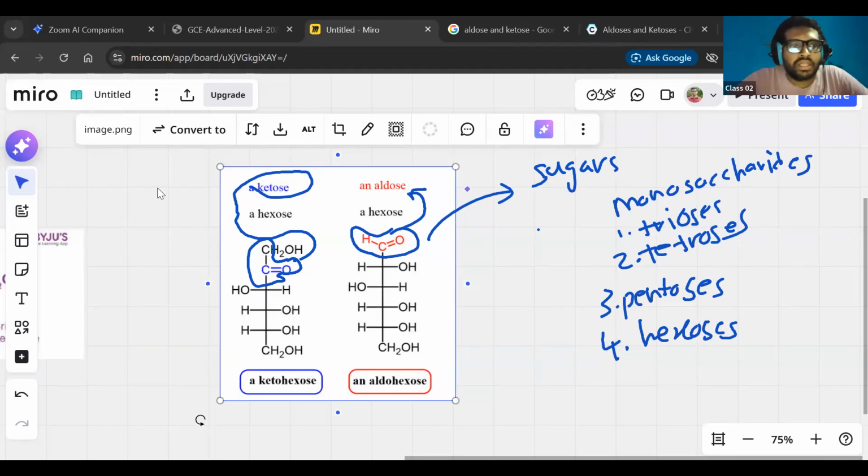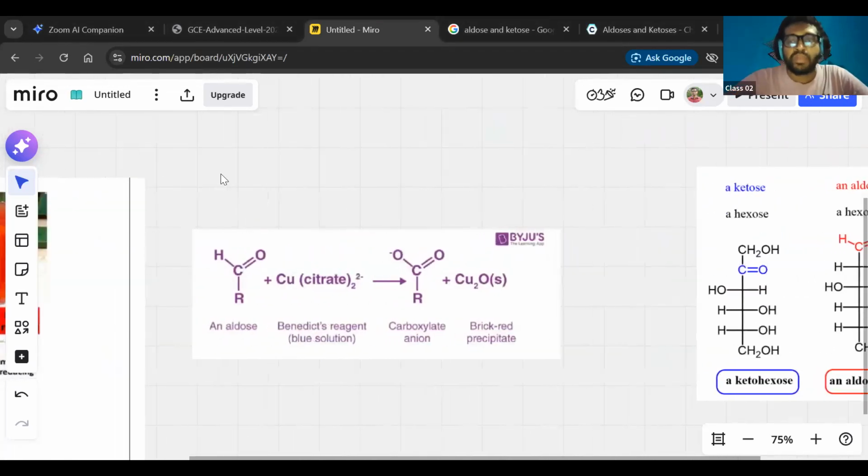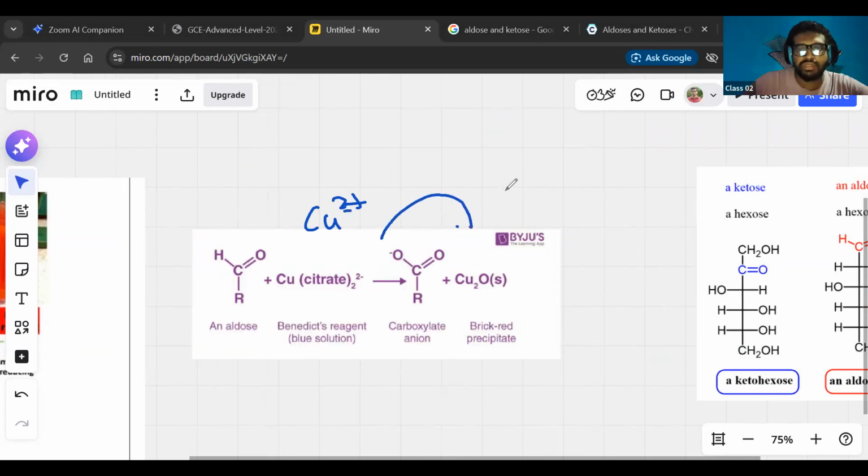Let's look at the exact reaction of how it happens. If we have the aldose group, we use a test called Benedict's reagent. Benedict's reagent contains copper sulfate with copper in its Cu2+ oxidation state. Once you add this to an aldose-containing molecule, it turns into a compound with copper in the Cu+ oxidation state, copper oxide.